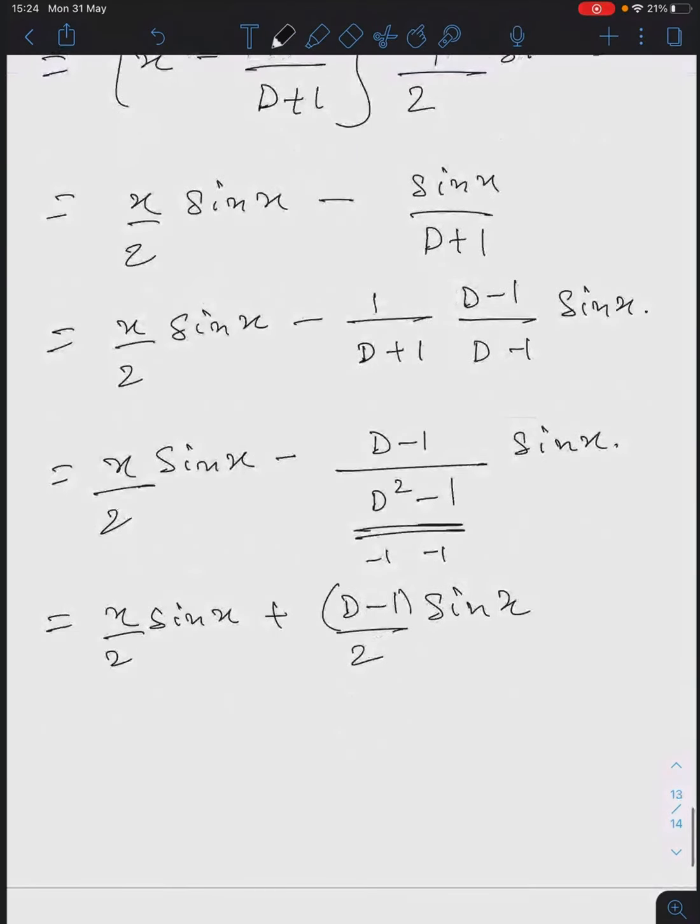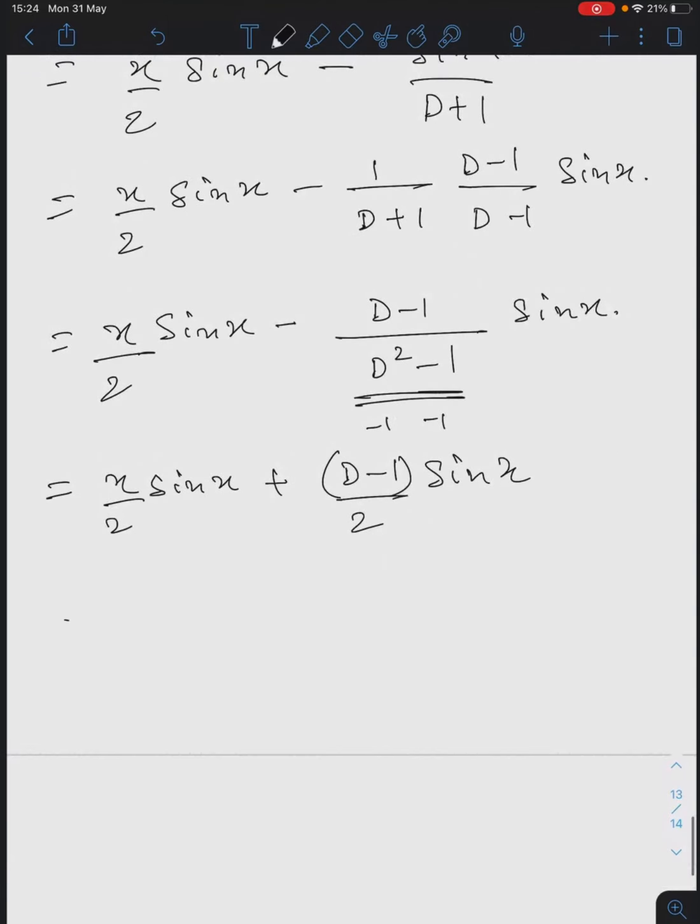Now D minus 1 needs to be applied on sin x. So this is x by 2 sin x as it is, plus, okay, 1 by 2 as it is. Now D on sin x means you get cos x, and this is minus sin x.